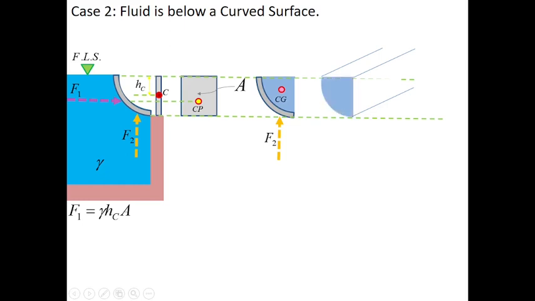So kung ganon, sa area na to, imaginary liquid yan. Kasi ito yung actual liquid, ito yung real liquid. So sa part na to, para sa computation, we will consider the area na to to be filled with liquid.